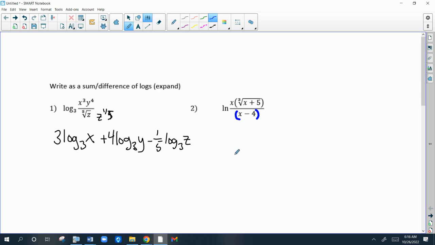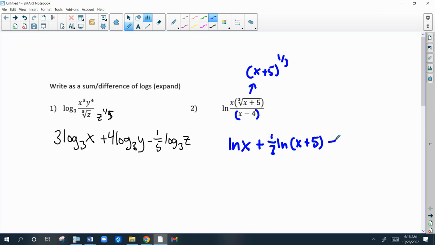So to expand this, it's positive natural log of x, because x is on top, and that's to the first. This cube root indicates it's x plus 5 to the 1/3. So that's up top, so it's plus natural log of x plus 5, and its exponent comes down to 1/3.